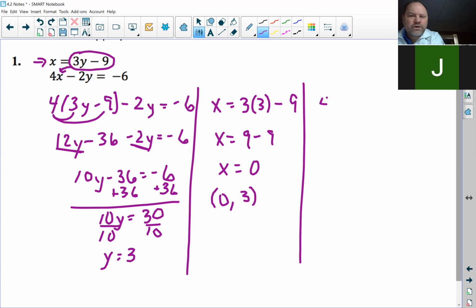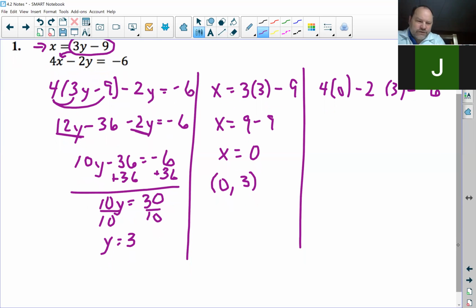So 4 times 0 minus 2 times 3, is that equal to negative 6?